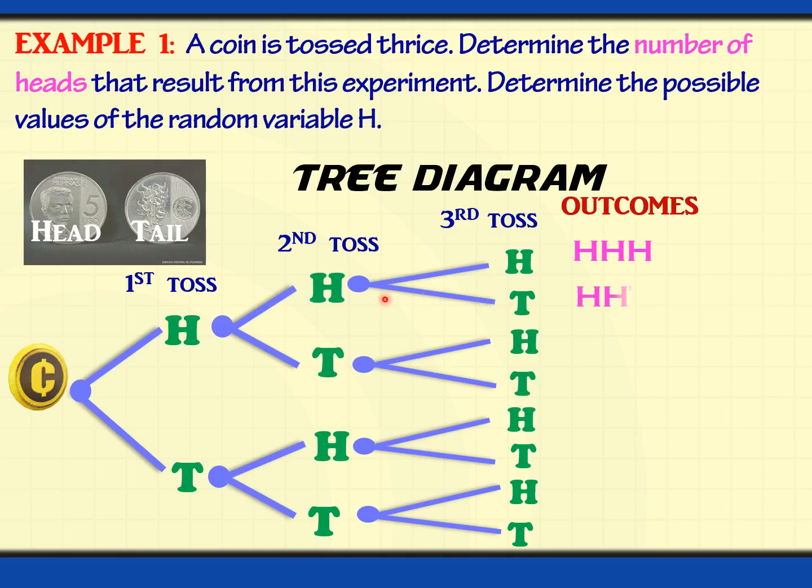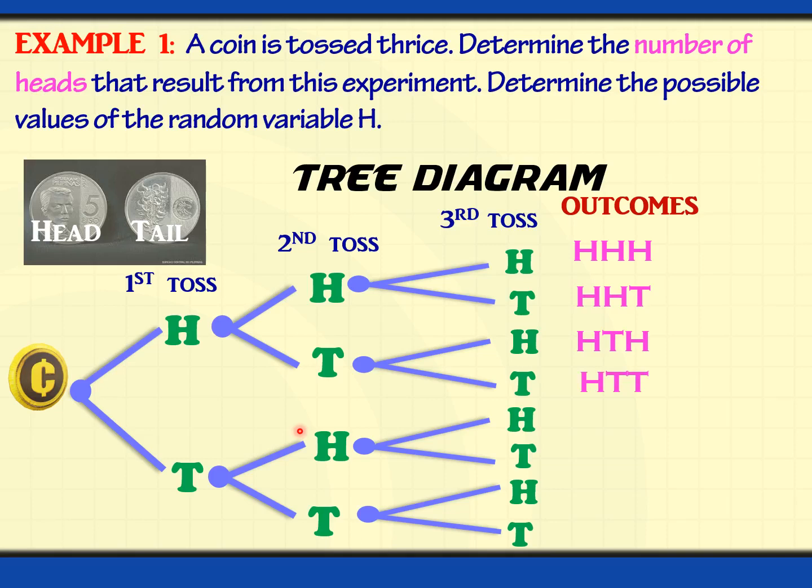So, that will be the possible outcome. Now, if we have a head on the first toss, but a tail on the second toss, we can either have a head or a tail on the third toss. So, we can have head, tail, head, or head, tail, tail.